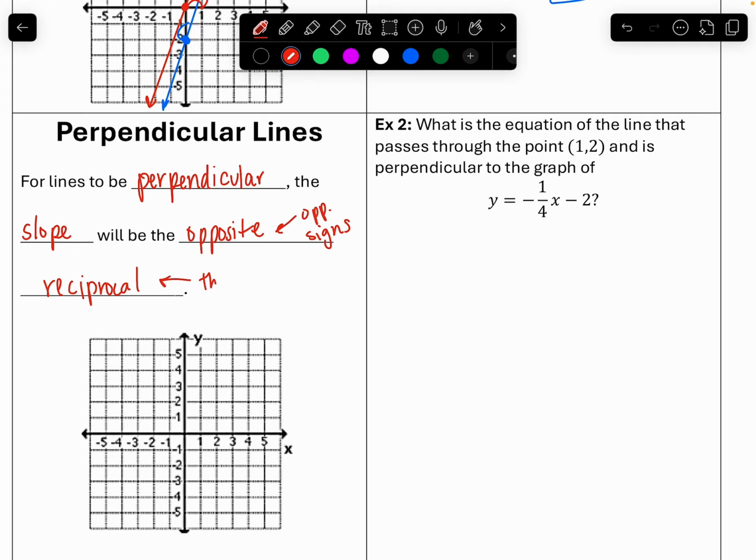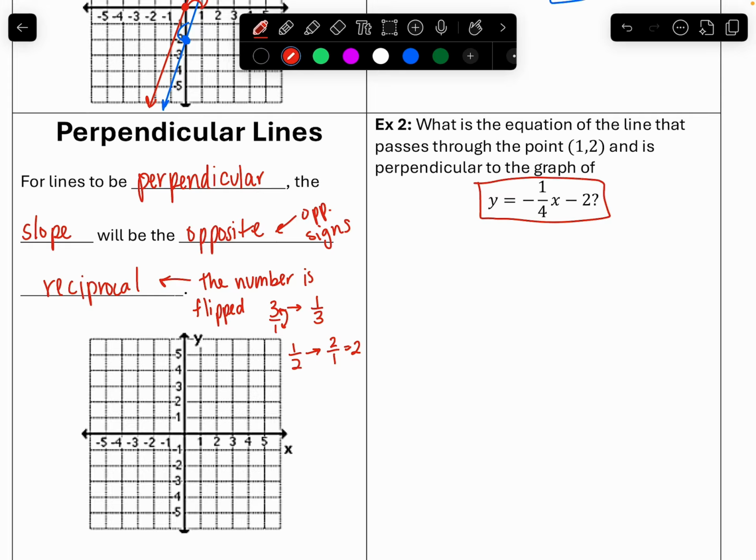Reciprocal means the number is flipped. So if we have the number 3, the reciprocal of 3 is 1/3. If we have the number 1/2, the reciprocal would be 2 over 1, or 2. So we are flipping them. I'm going to show you this one graphically first.